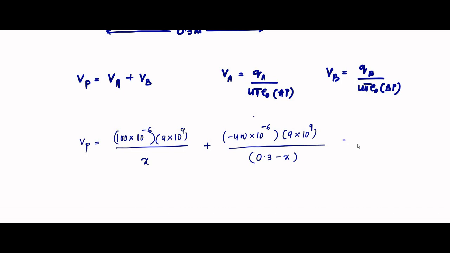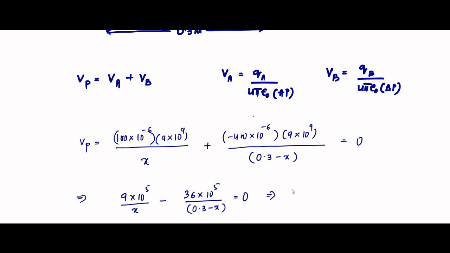This is equal to 0. So here we can write it as 9 into 10 to the power 5 by x, minus 36 into 10 to the power 5 by 0.3 minus x, that is equal to 0.